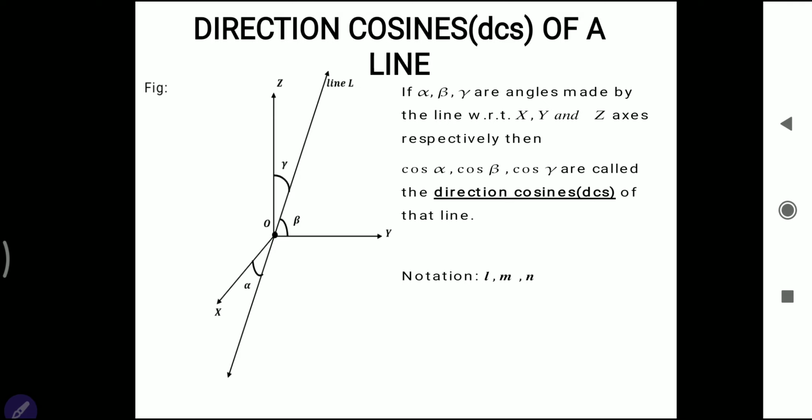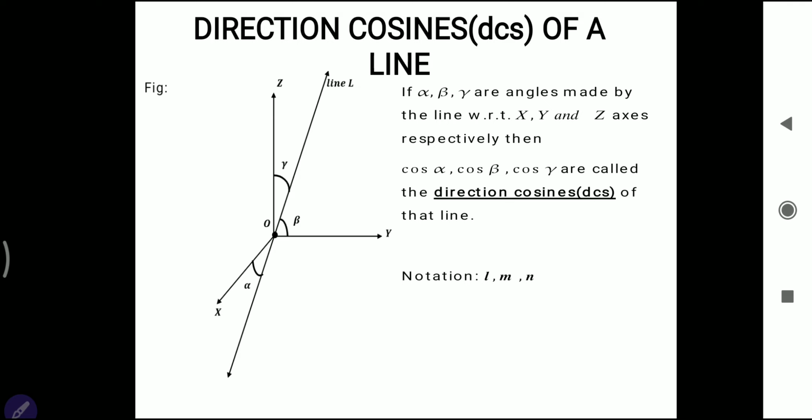So alpha, beta, gamma are the angles made by the line with respect to the x, y and z axes respectively. Simply find the angle made by the line with the axes and take the cos of it, and it will give you the direction cosines.